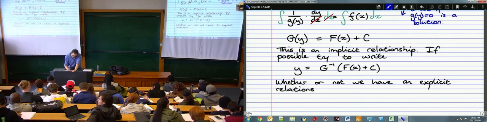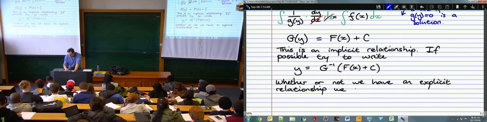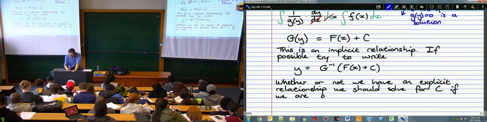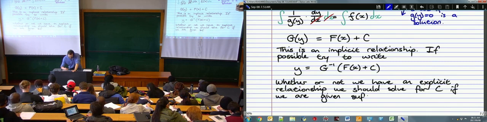So whether or not we have an explicit relationship, we should solve for C if we are given sufficient information.